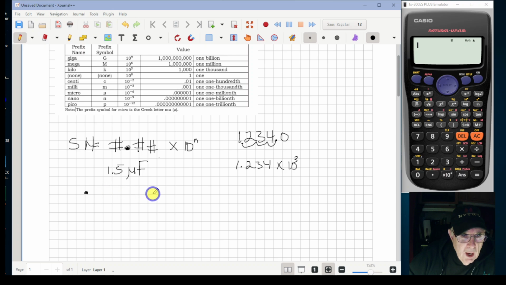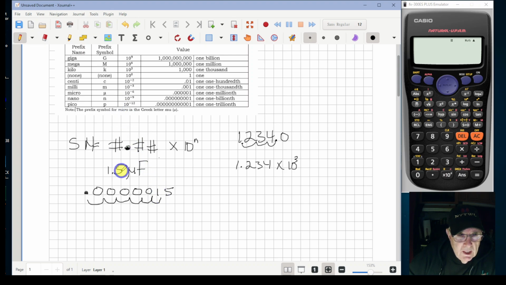Okay. We know that we have 1, 5, but where does it go? Well, it's got 1, 2, 3. This is tenths, hundredths, thousandths, 10,000ths. So we're getting close. 1, 2, 3, 4. Let's see if I did this right. 1, 2, 3, 4, 5, 6.